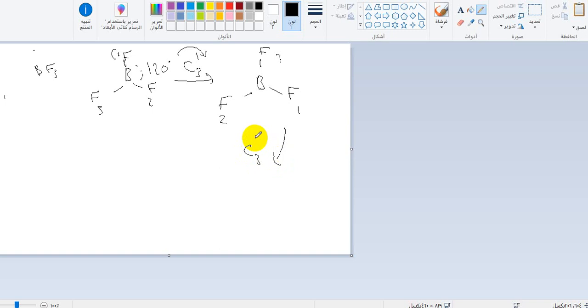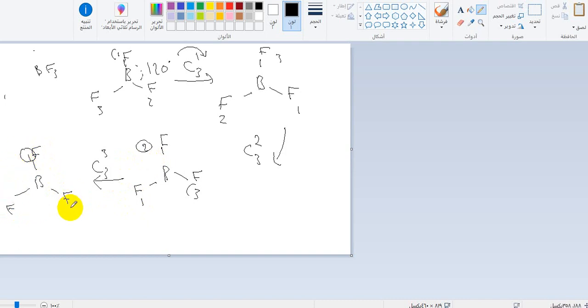And C3^2, boron trifluoride, 1, 2, 3. And the last one, rotation by C3^3, boron trifluoride, 1, 2, 3, the same as at the start.